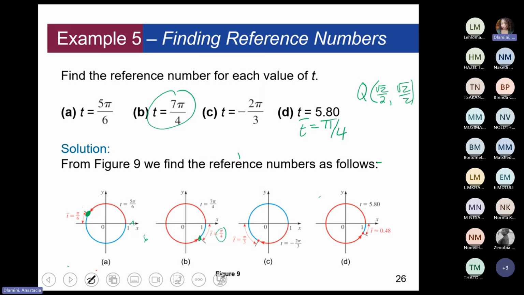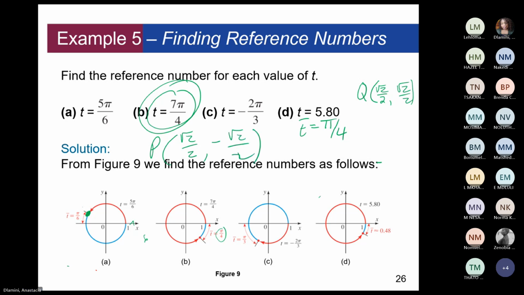Now, in the fourth quadrant, we know that our y value is negative and our x value is positive, meaning the terminal point for this one will be root 2 over 2, negative root 2 over 2. Are we all together there? Yes, ma'am. Okay?